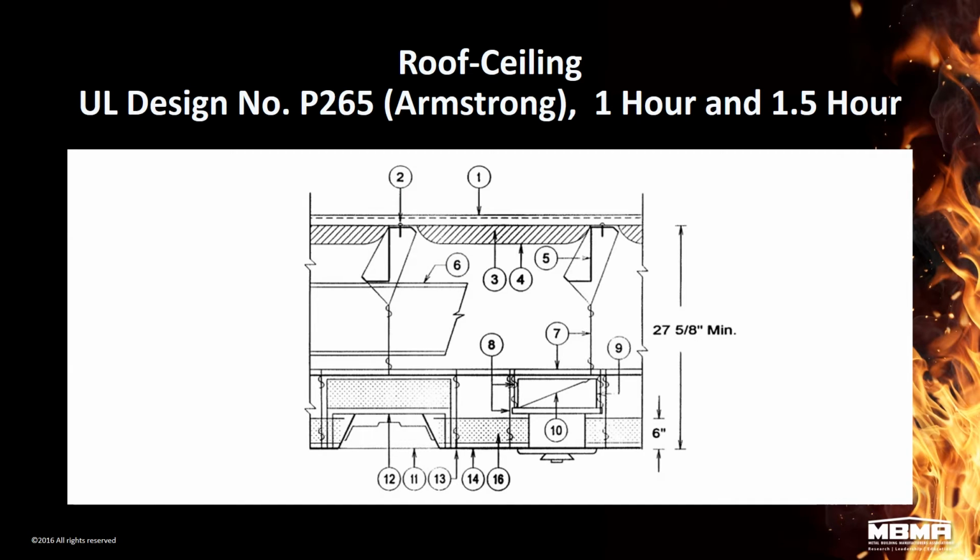The other two assemblies that were developed a number of years ago are both acoustical ceilings and involve proprietary systems. One is Armstrong and the other one is USG, US Gypsum.